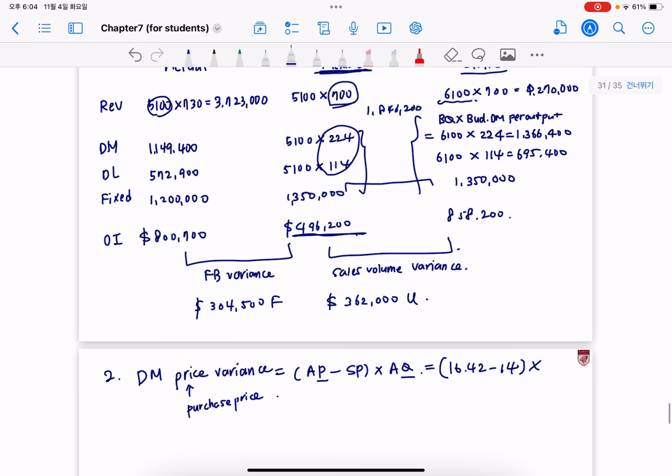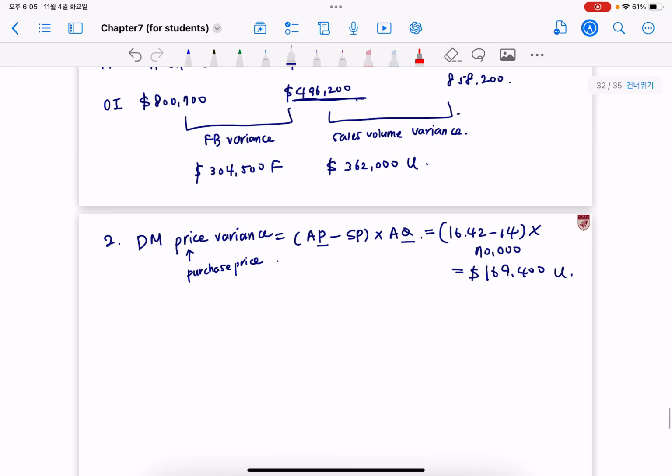Okay, so let us calculate the difference. That's going to be $169,400. And it's going to be U because the actual acquisition price is greater than the standard price.